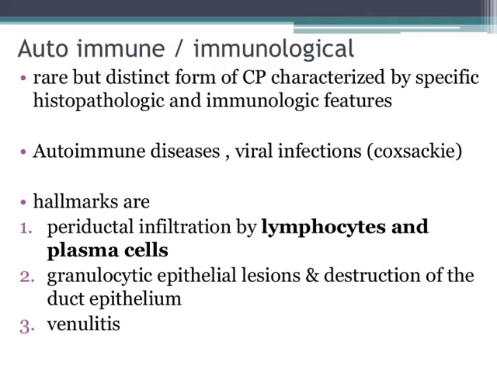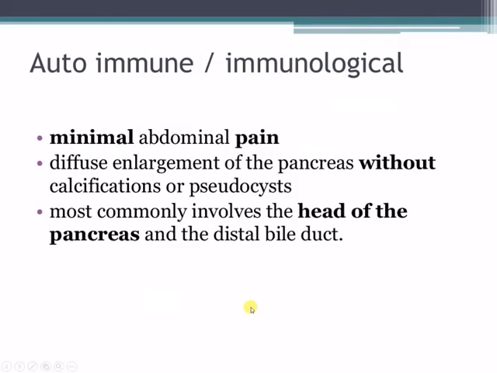Hallmarks are periductal infiltration by lymphocytes and plasma cells, granulocytic epithelial lesion and destruction of the duct epithelium, venulitis, minimal abdominal pain, diffuse enlargement of the pancreas without calcification and pseudocysts, most commonly involving the head of the pancreas and the distal bile duct.